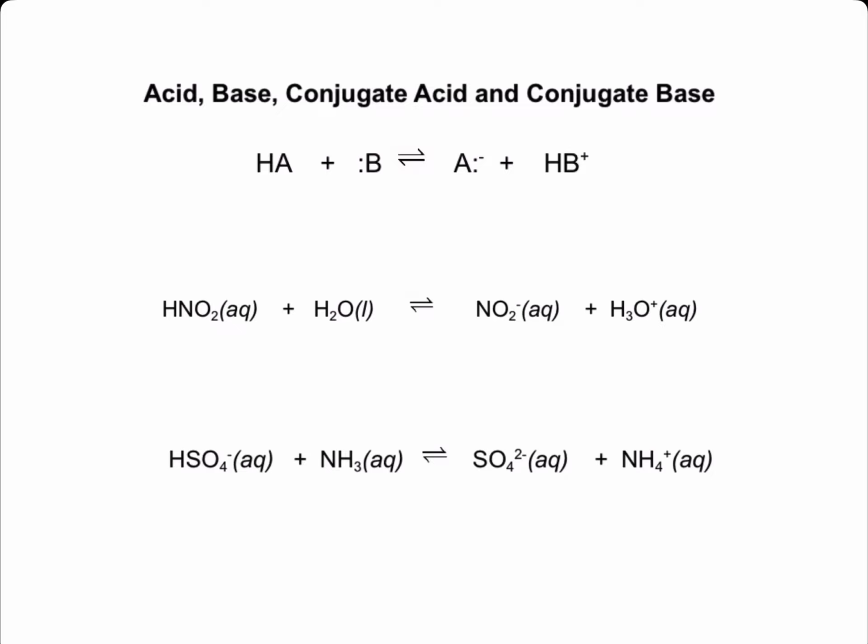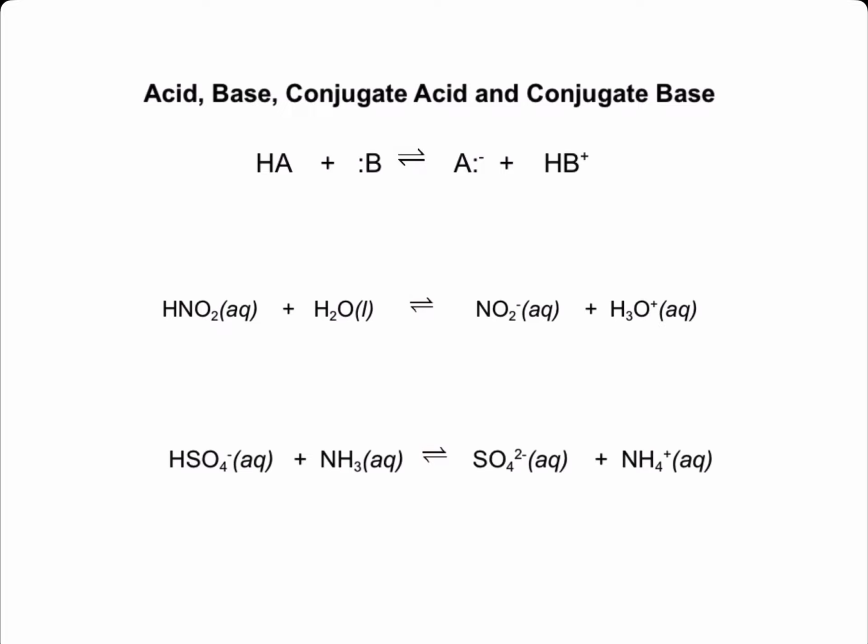Let's identify the acid, the base, the conjugate acid, and the conjugate base. HA plus B yields A- plus HB+. We're going to take a look at HA, and it starts off with 1 proton and then ends up with no protons.